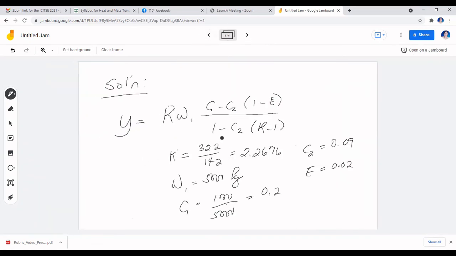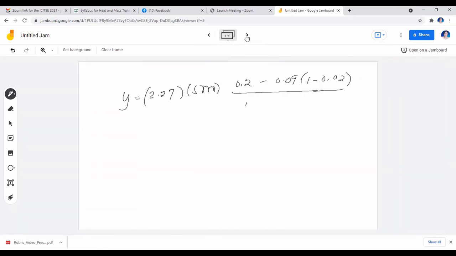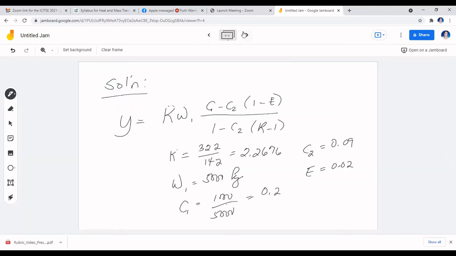Then you have 1 minus C sub 2, 1 minus 0.09, times R minus 1, which is 2.27 minus 1.